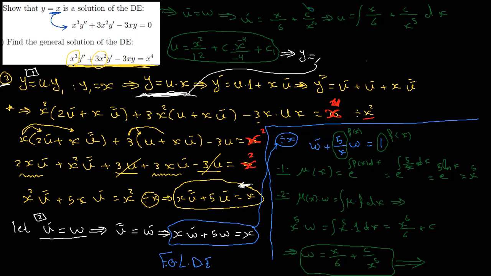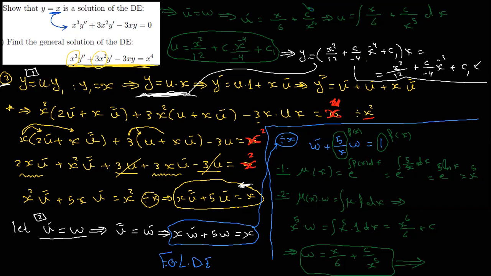So this gives x squared over 12 plus c over -4 x to the -4 plus c1, all times x, which equals x to the power 3 divided by 12 plus c divided by -4 x to the -3 plus c1 x. This is the solution of the given non-homogeneous differential equation.